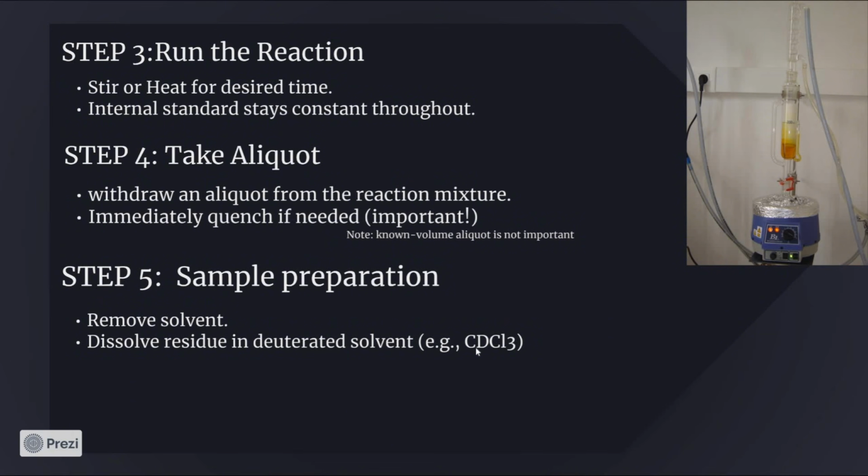If it is not soluble properly, it can give you errors, because if the product is not soluble, you will have partially soluble product in the NMR tube. Or if the starting material is not soluble, then also you will have a problem in determining the conversion. So make sure the deuterated solvent which you are choosing solubilizes the sample properly.